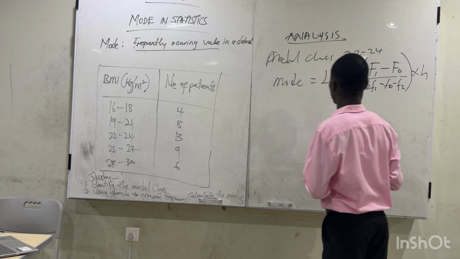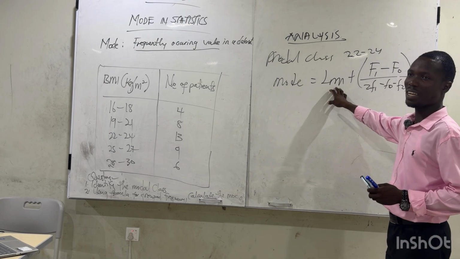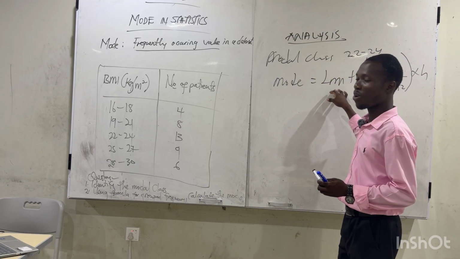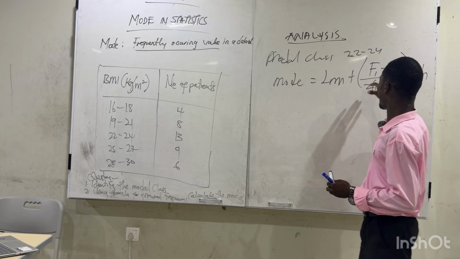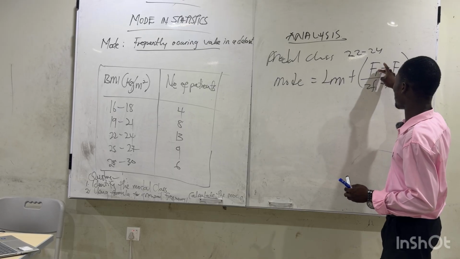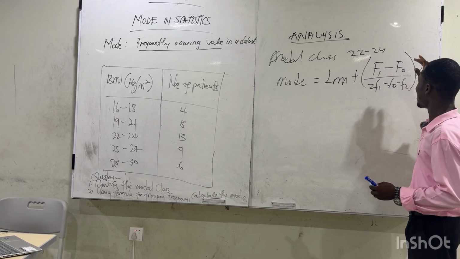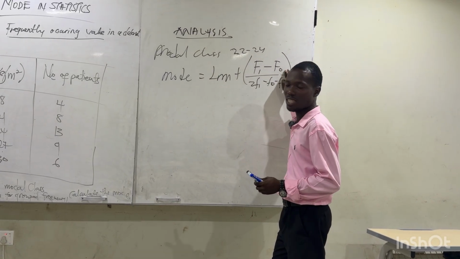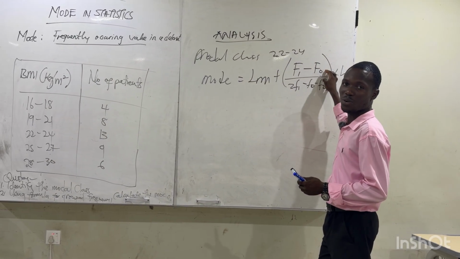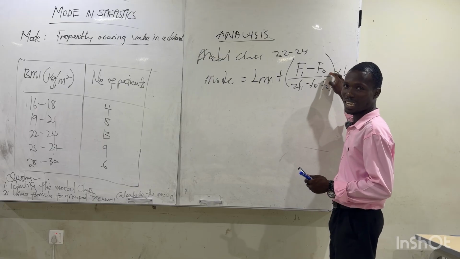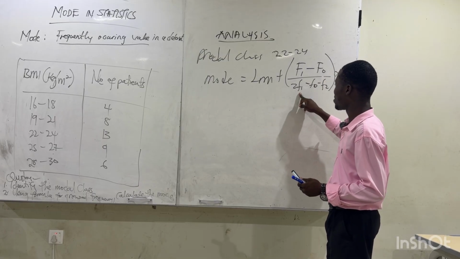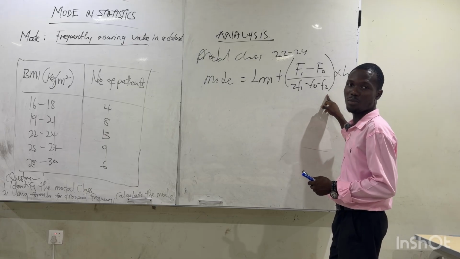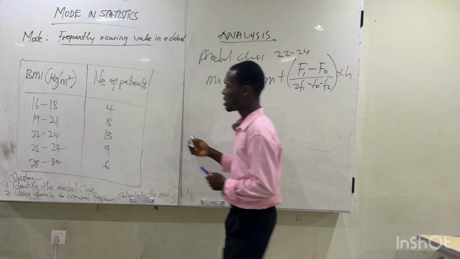Lm is the lower class boundary of the modal class. F1 is the frequency of the modal class. F0 is the frequency of the class before the modal class. F2 is the frequency of the class after the modal class. We know that this is our modal class.